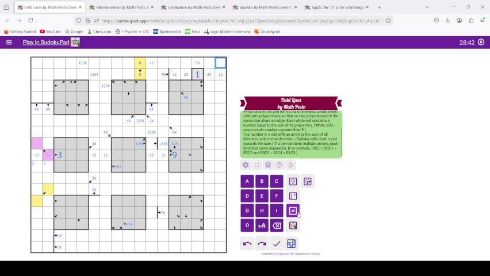So this one has to be 2 or 3. Or X. It could just be this one and go all the way over here. 2, 3, 2. Yeah, that works. But yeah, again, this shows that this is a 5.